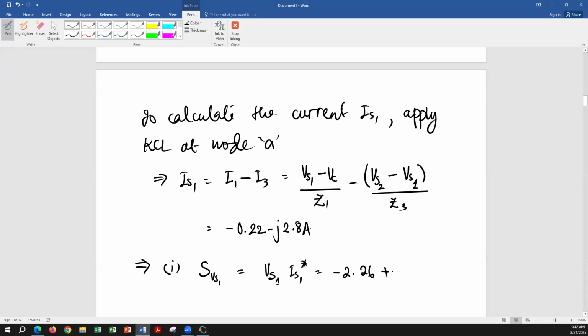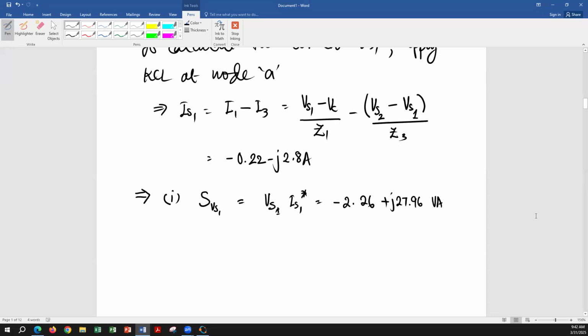Plus j27.96. So the active power of S1 is 2.26, or you can also assume that the source is being charged. It's not supplying the power, it is consuming the power.